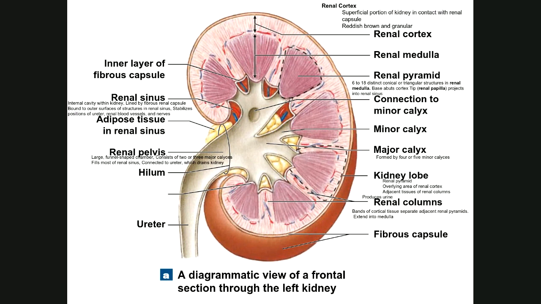So this is one kidney lobe. One kidney lobe consists of a renal pyramid, this triangular structure, part of the renal cortex, right? And the renal column. So this is one renal column over here, renal column over here, renal column over here.